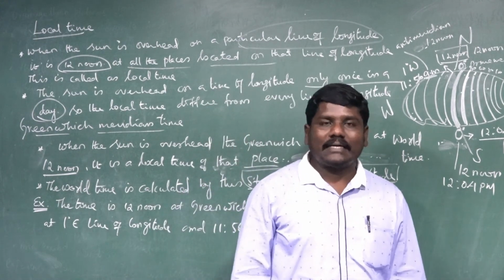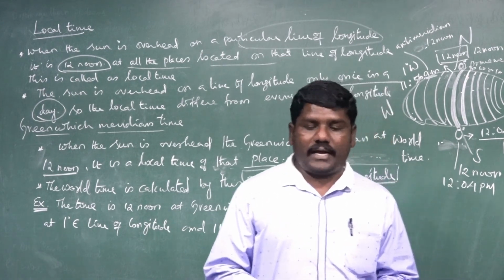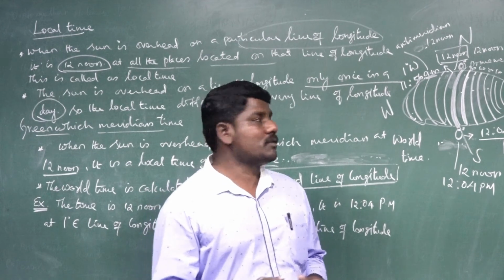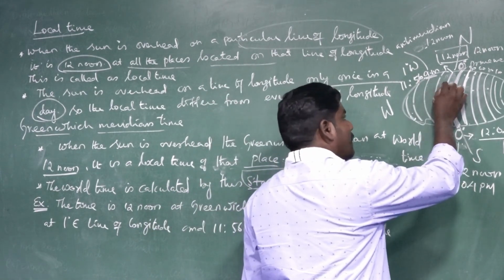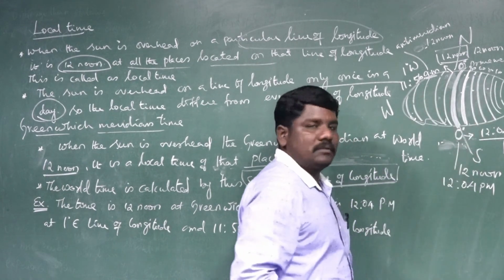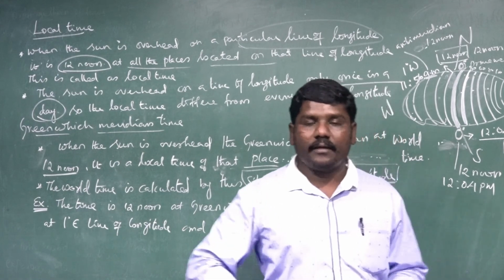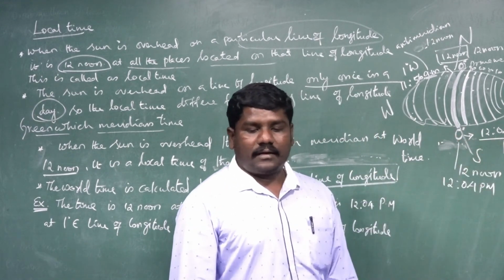And the next one, standard time. Local time is calculated when the sun is overhead on a line of longitude. Many lines of longitude pass through a country, so that is called standard time.